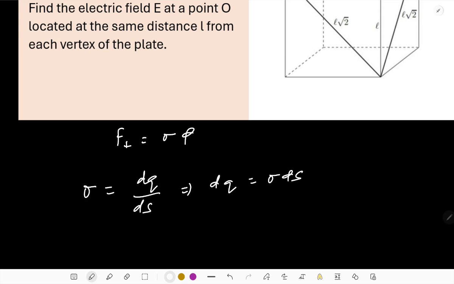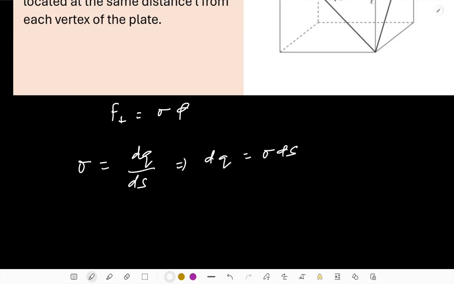Well, this is all right. And the normal component of the force due to the external electric field on this point charge dq will be simply dF perpendicular, and we can write it as the perpendicular component of the electric field there multiplied by the charge dq. These are all basic electrostatics.